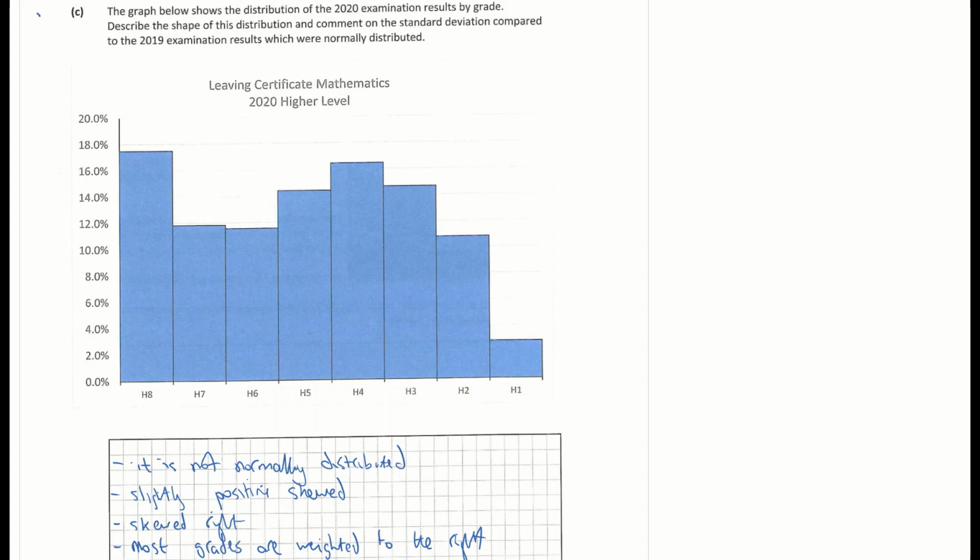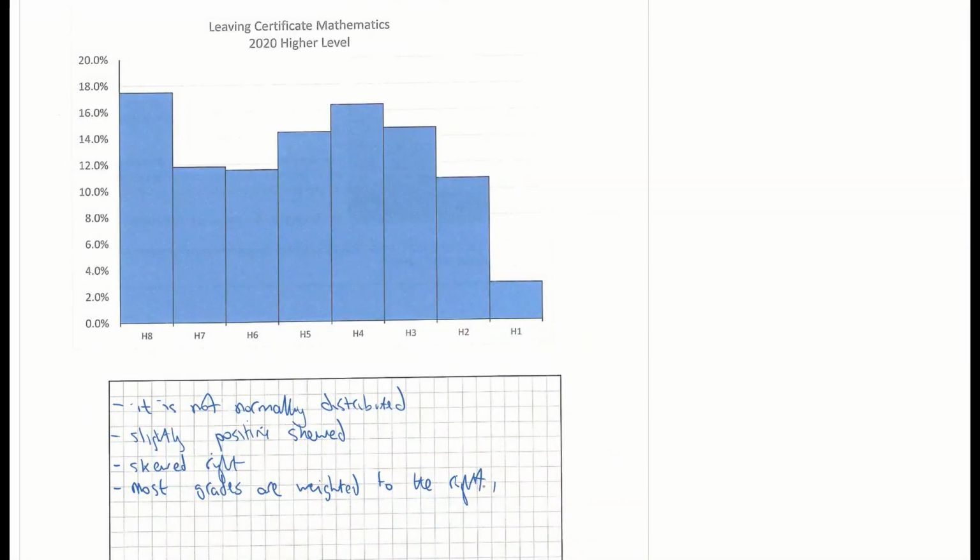So most grades are weighted slightly to the right, which would basically mean the standard deviation would be higher than the previous year. My standard deviation here would be higher because most of my data seems to be around H5s, 4s, 3s and 2s. I think that's enough information to state there.